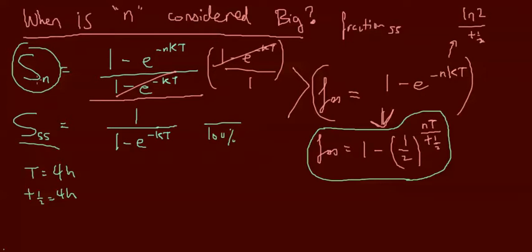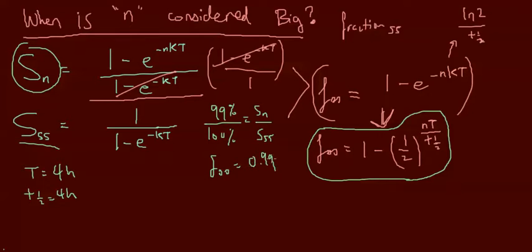So we would want a number as close as possible to 100%. I would say like 99%. So 99 over 100 would be Sn over SSS. So our FSS would be 0.99.